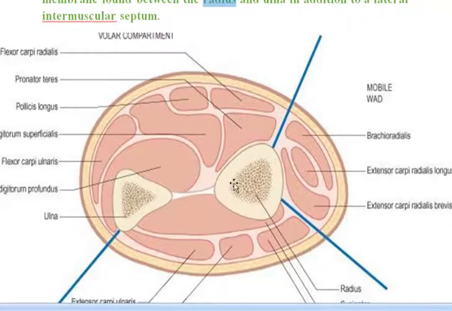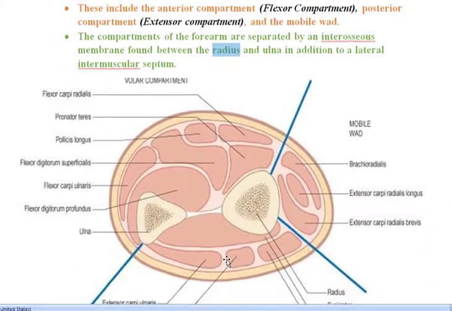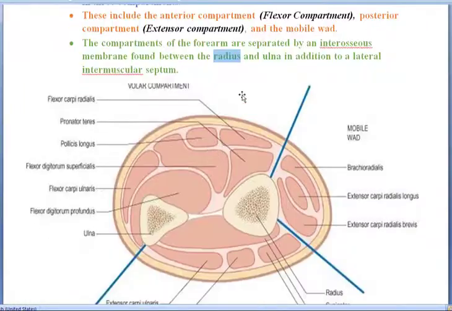Here you can see the radius and the ulna, and between them is the interosseous membrane, a connective tissue membrane. Anterior to this membrane is the anterior compartment, and posterior to it is the posterior compartment muscles.